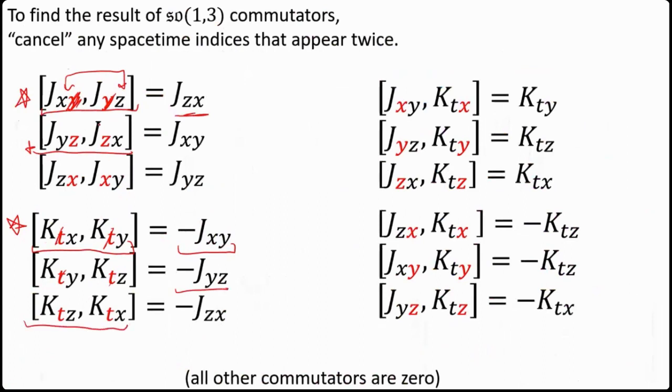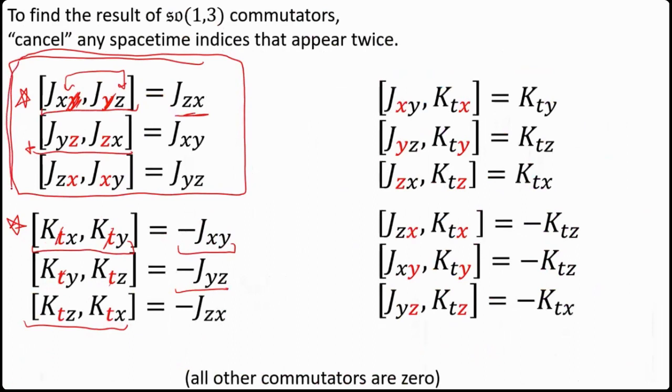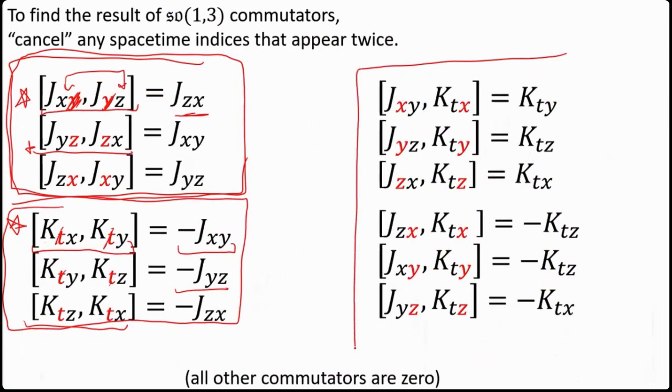So this is kind of interesting. The rotations form a subgroup, or a sub-algebra, I guess. But 2 boosts don't commute to a boost. They commute to a physical rotation. And then a boost and a rotation commute to a boost.